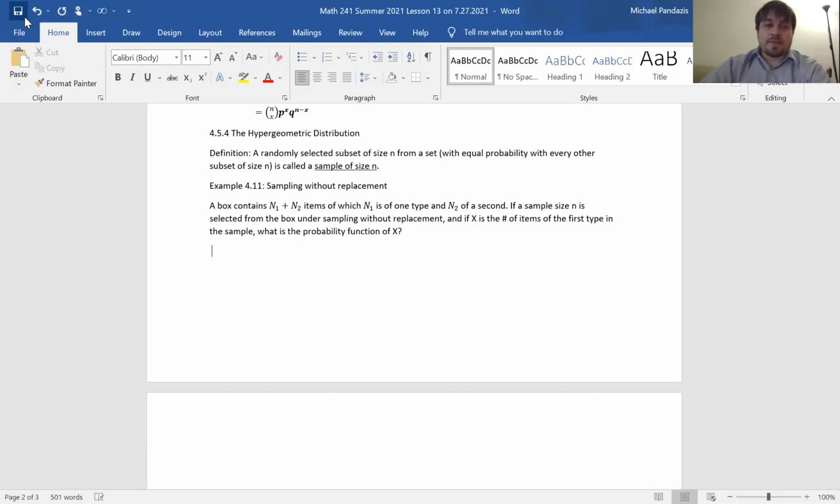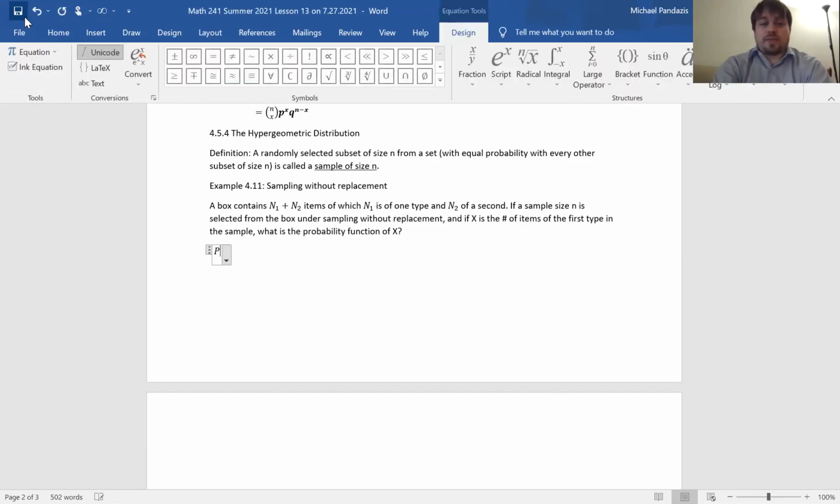Let's cut right to the chase. This is the probability function of x.